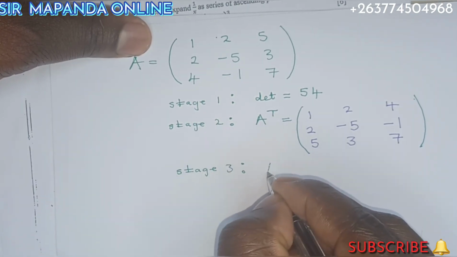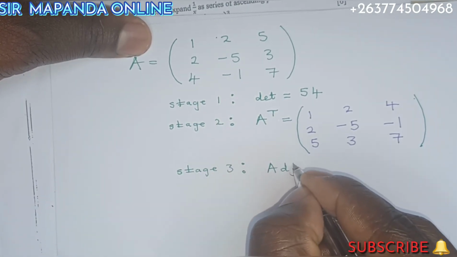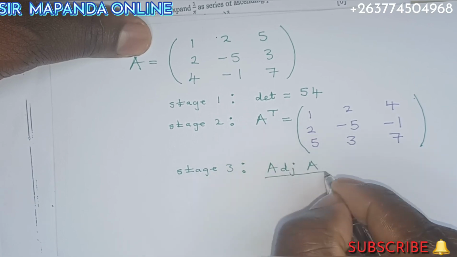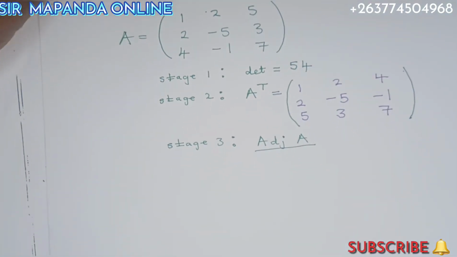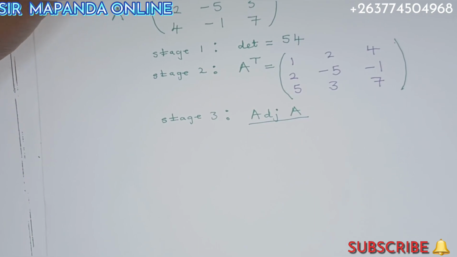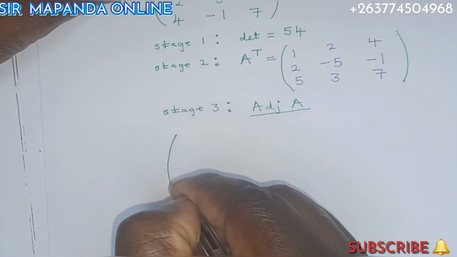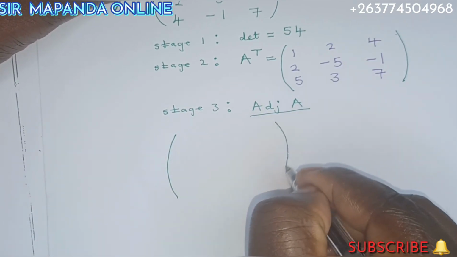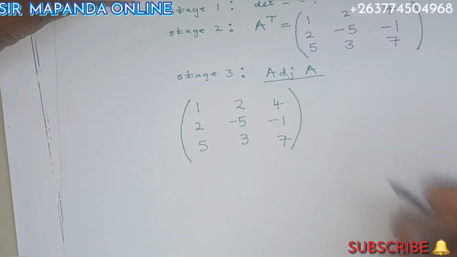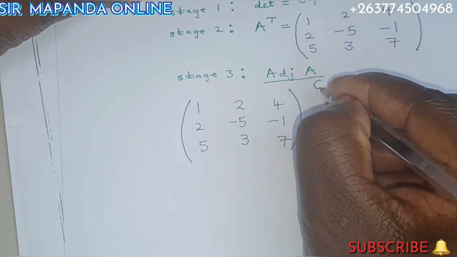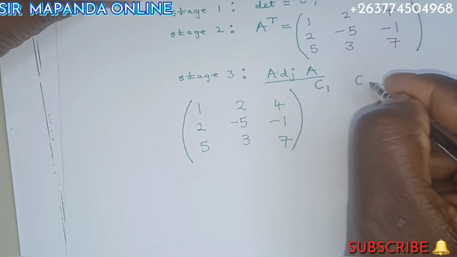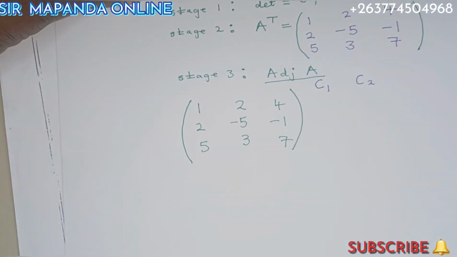On stage 3, I want to calculate what we call the adjoint of matrix A using a shortcut. The shortcut is you start by writing the transpose that you got in stage 2 as it is. On the right side of the transpose, we want to write C1 and C2.